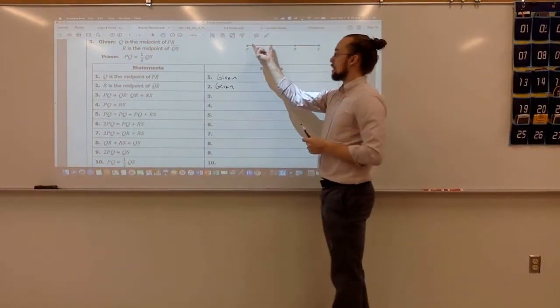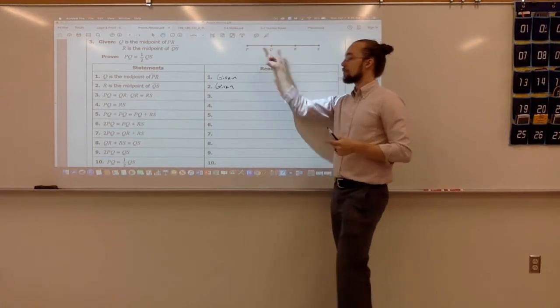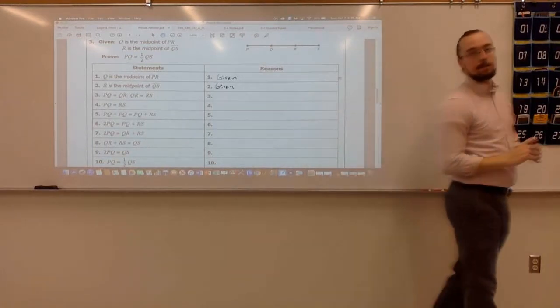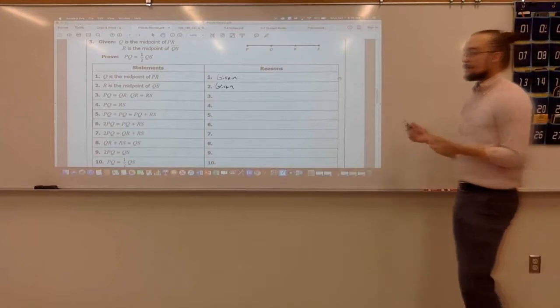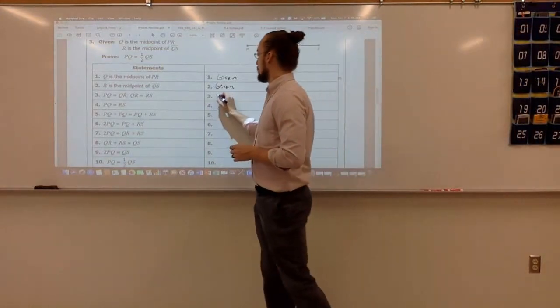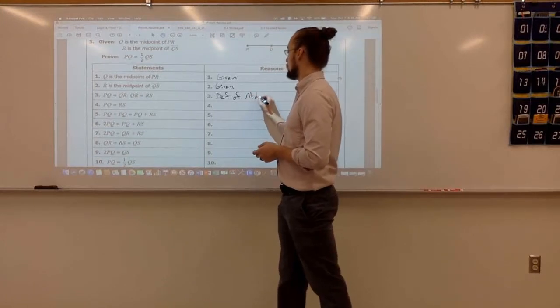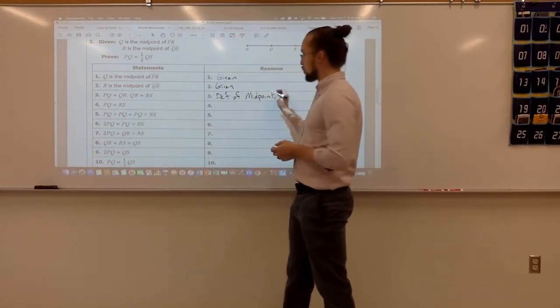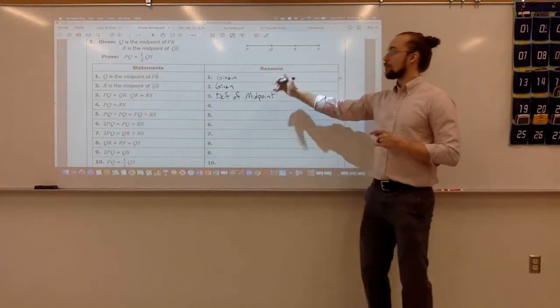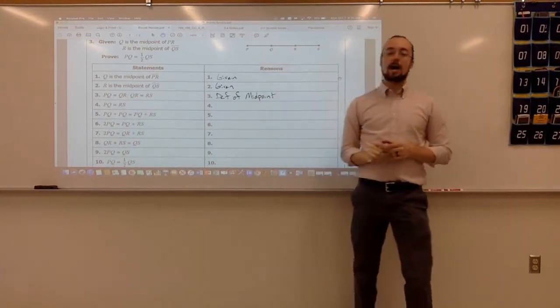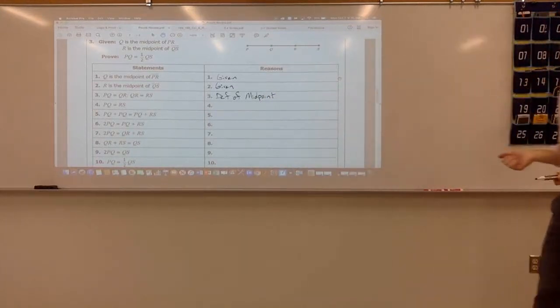Why am I allowed to say that those two halves of that segment would be equal? Amanda? That's the definition of midpoint. Definition of a midpoint is that a midpoint cuts a segment into two equal pieces. So if we're told something's a midpoint, and we're told those two halves are equal, that's definition of midpoint.